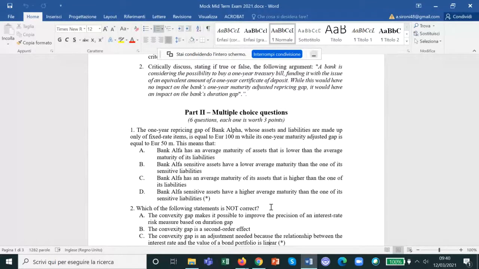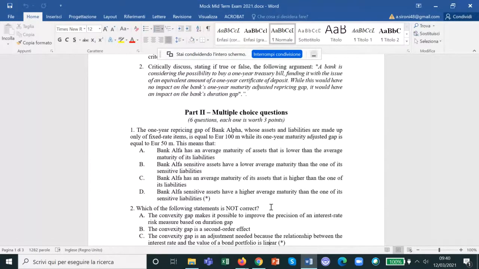There might be a case where the average maturity of the assets is the same as that of the sensitive liabilities, and the original statement would still be true. So that is not the correct answer.